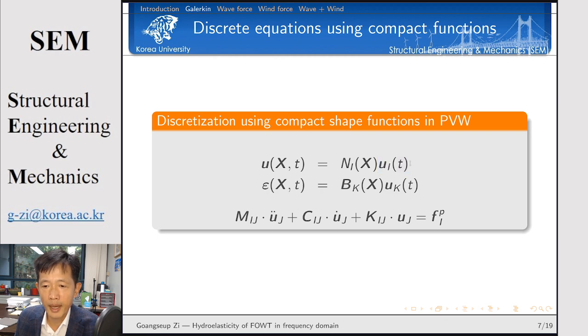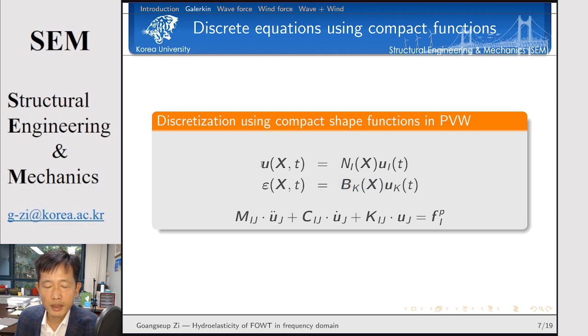Here u sub I are the nodal displacements. If you take the derivative of the displacement over an element, we can obtain the strain distribution too. Here B is the symmetric part of the derivative of the shape function. This is the well-known B matrix.